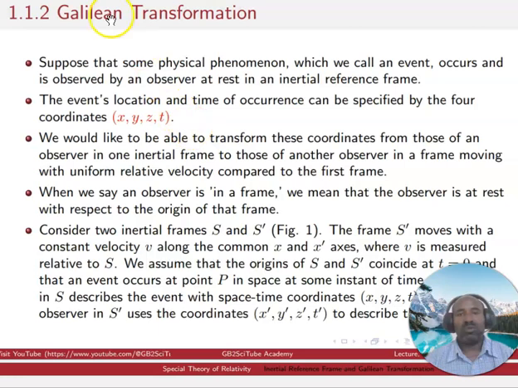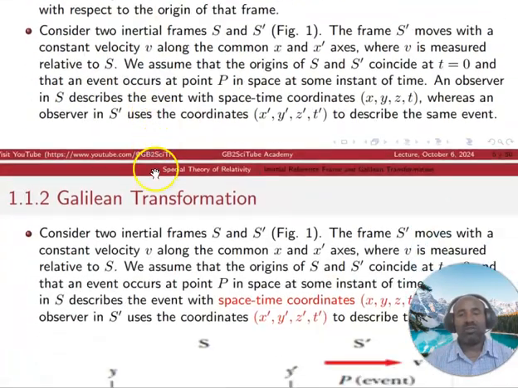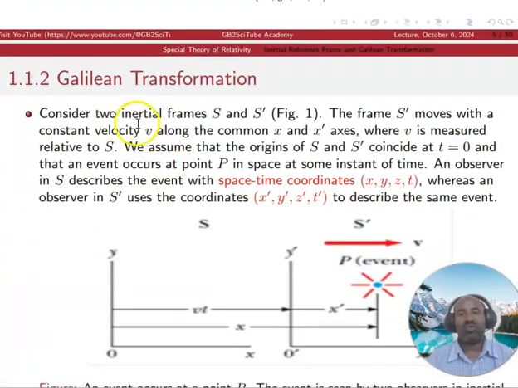What we want to see here is the Galilean transformation, a transformation of the inertial reference frame. One is moving with constant velocity, another is stationary. We want to observe the event in terms of these two reference frames. So let's consider two inertial reference frames, S and S prime.